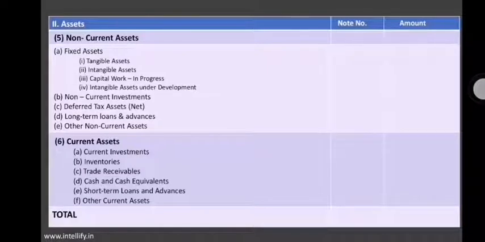Children, it simply means, for example, you have an intangible asset, say software. This software is under development and is being developed for business purposes. So it will be categorized under this head, intangible assets under development. Then we come to non-current investment and then deferred tax assets.